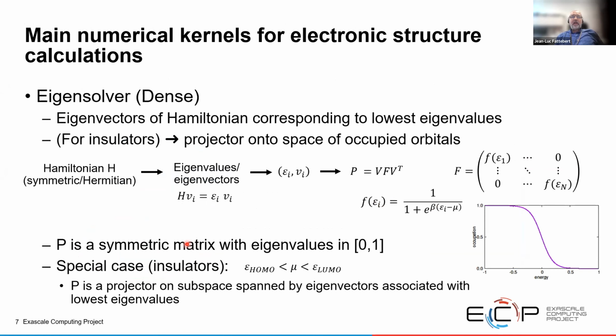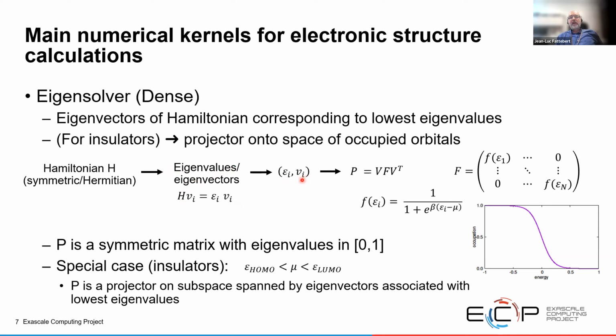So let me dive a little bit more into what problem exactly we're trying to solve. When I say we're trying to solve the density matrix, essentially we need to solve a dense eigenvalue problem typically. So you start from a Hamiltonian that comes from the physical problem. The straightforward way of solving this problem would be to calculate all the eigenvalues and eigenvectors of this Hamiltonian.